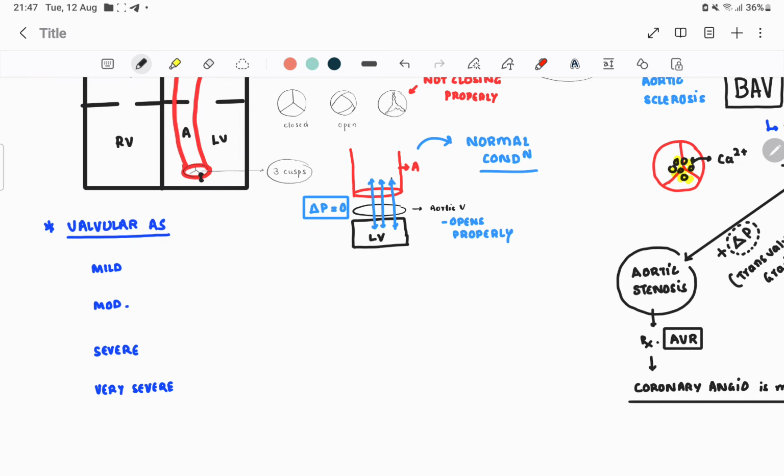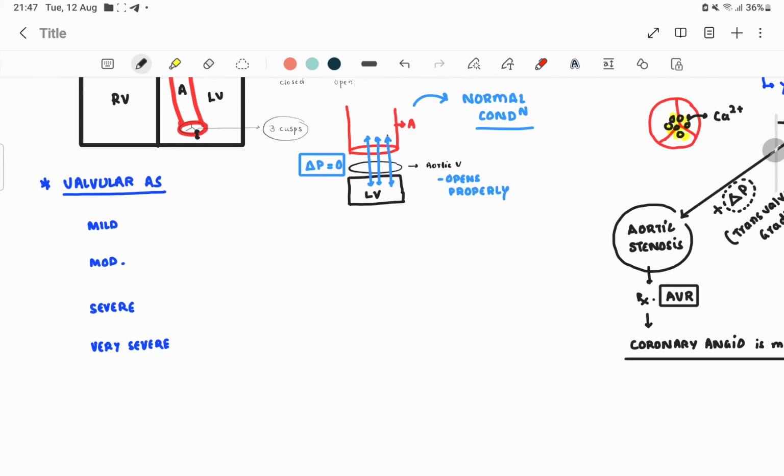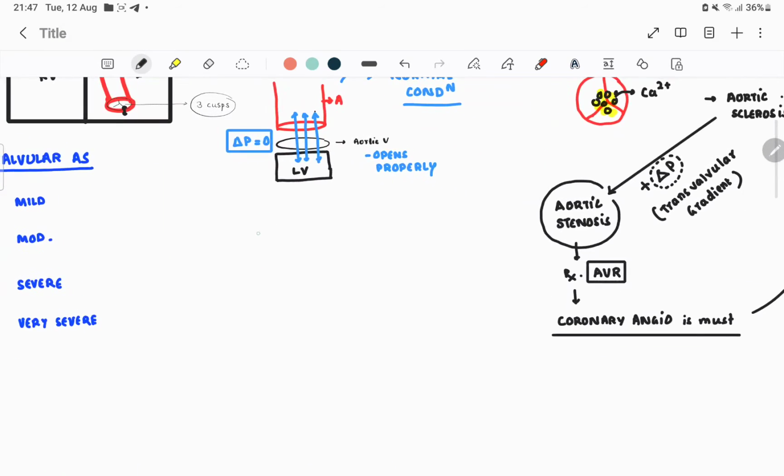Okay, so talking about mild, let's say this is the heart. Whenever we have an increased cardiac output, the heart tries to compensate. Whenever there is a decreased cardiac output also, the heart tries to compensate.